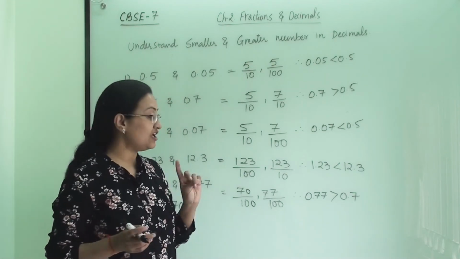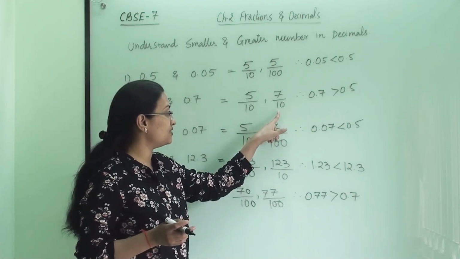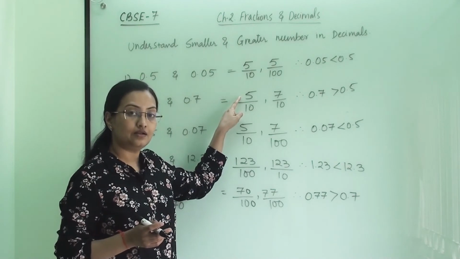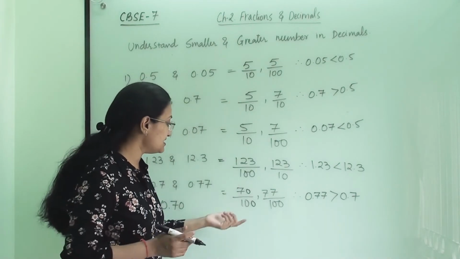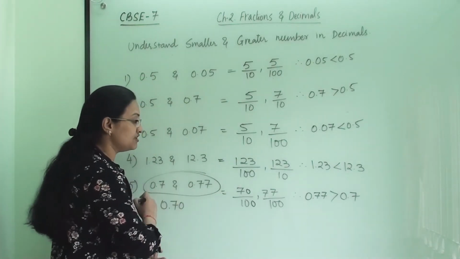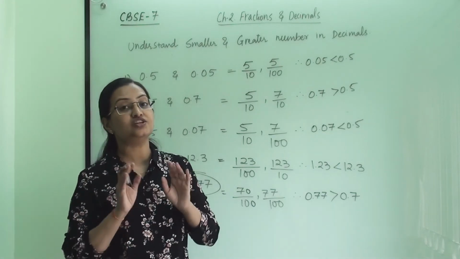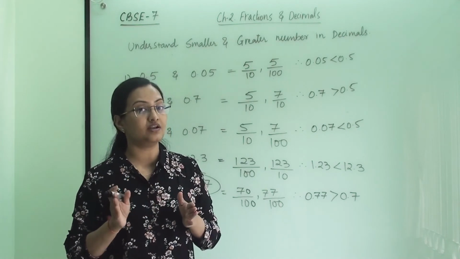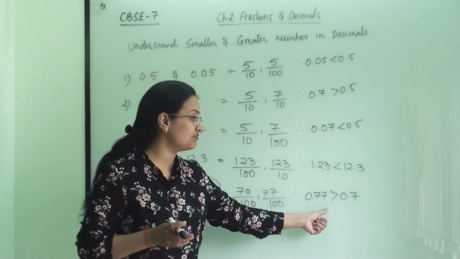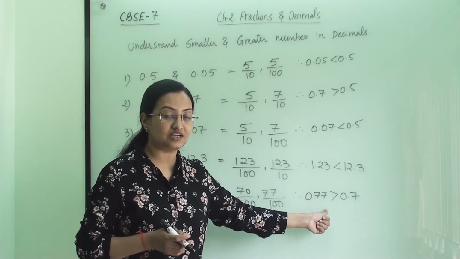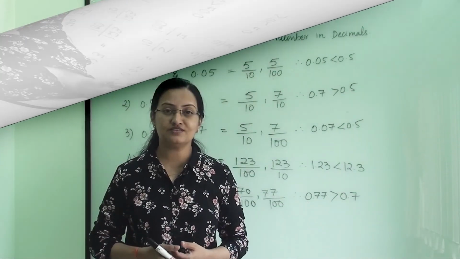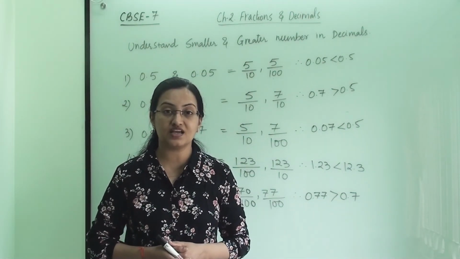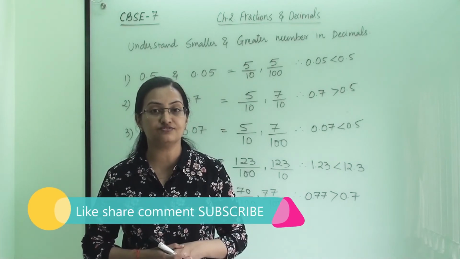Third thing, if they have the same denominator, then look at the numerator. And this is a special example in which we change the number and write its fraction, and then we identify which number is greater and smaller. Hope this video has solved many of your doubts, and now you will know how to identify the smaller number and greater number.